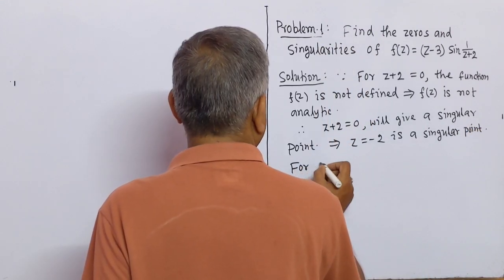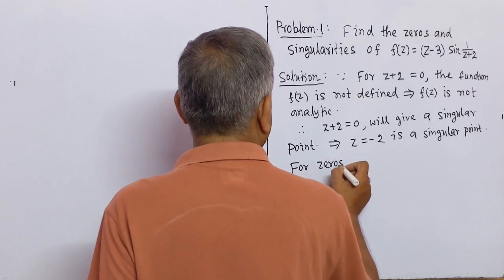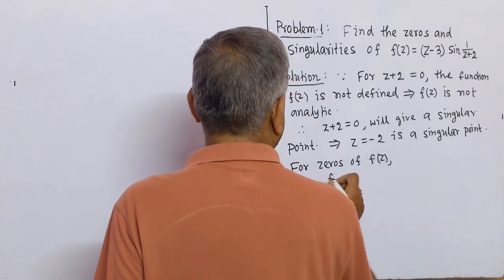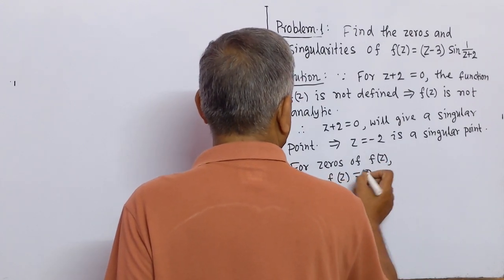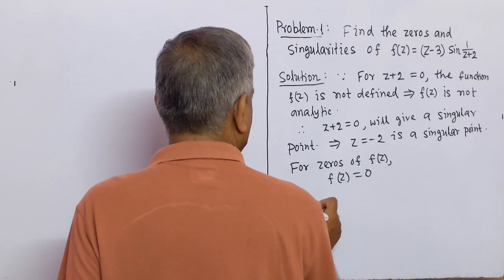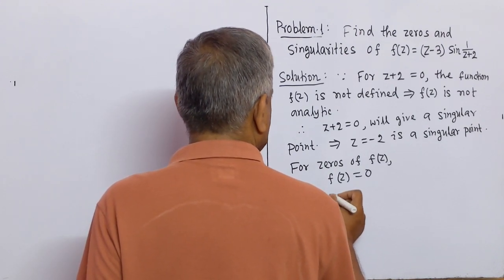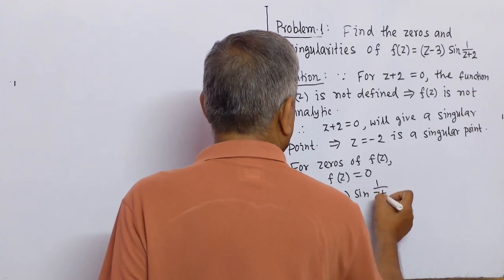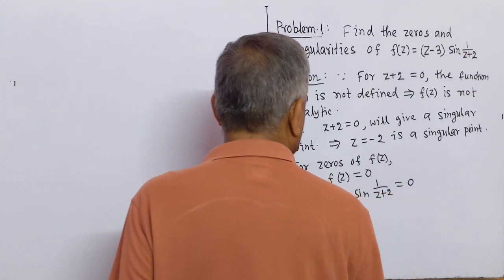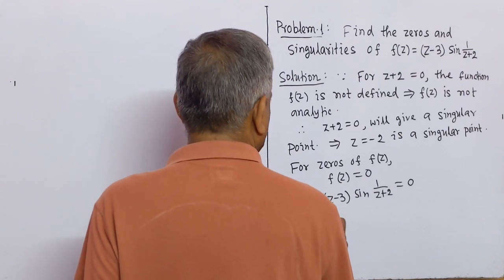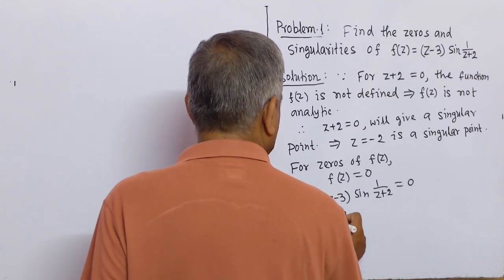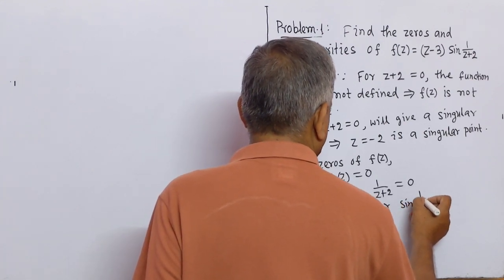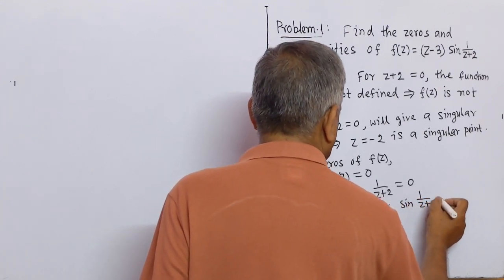For zeros of f(z) equal to 0, it implies that (z - 3) sin(1/(z + 2)) = 0, which implies that z - 3 = 0 or sin(1/(z + 2)) = 0.